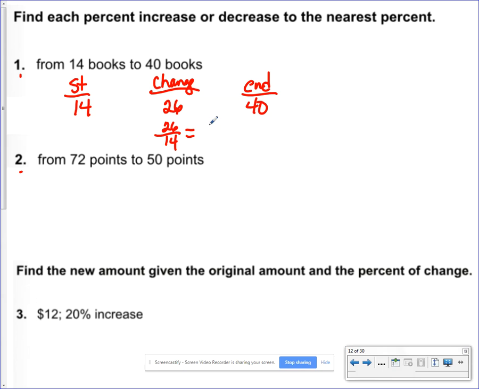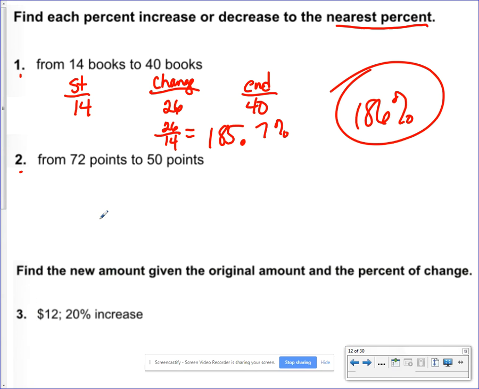So when you calculate 26 divided by 14, I hope you realize that you're almost at 200% there, because 28 out of 14 would actually give you 200%. This one ends up being about 185.7%, but hang on, this said to the nearest percent. So let's round that on up to 186.